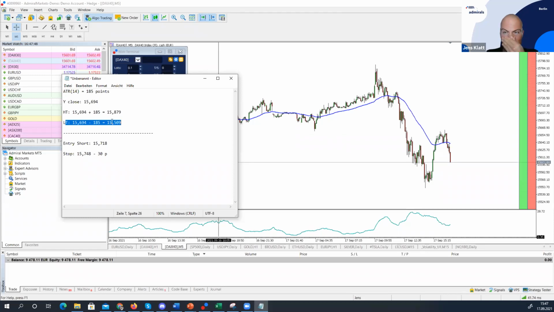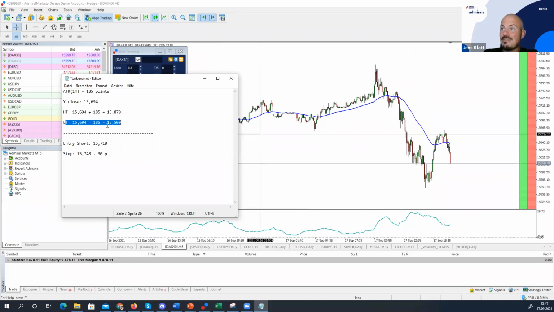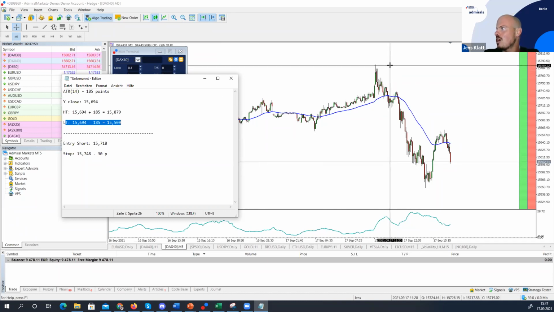And then you will see, okay, well, in fact, we probably have potential as low as 15,500 points. You could also say, well, we initially saw a push up here to 15,790. That's also a way to go here in terms of the average true trading range.